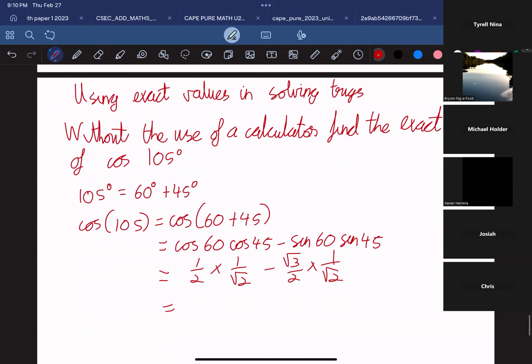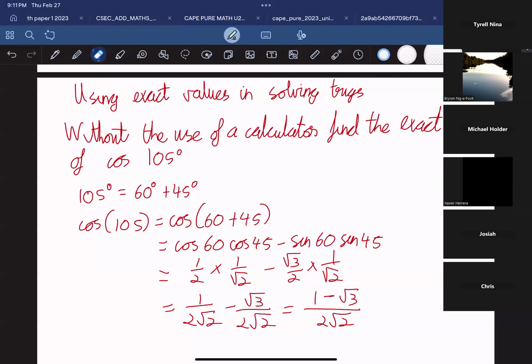So this becomes 1 over 2 root 2 minus root 3 over 2 root 2, which is 1 minus root 3 over 2 root 2. That's what they want, right? And that's how we'd use the exact values in solving trigs. You would have to find the sum or the difference to get this, right?